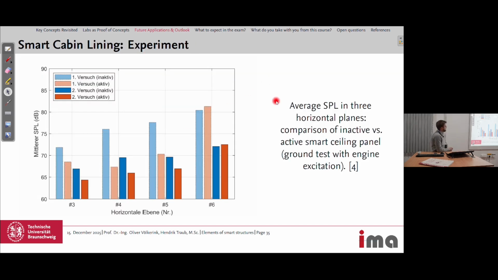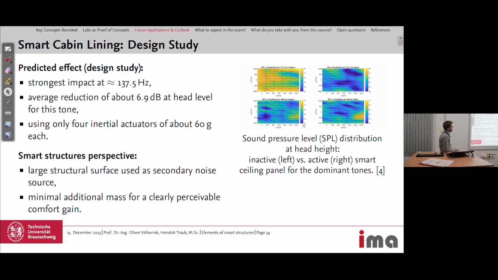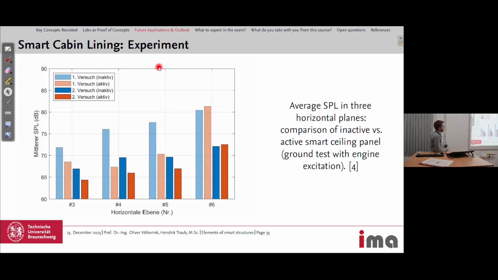And then afterwards, so this is again the outcome of the design study, they again performed experiments, a ground test with the system installed in the aircraft, and this is the mean sound pressure level in decibels, measured at different horizontal planes, 3 to 6.